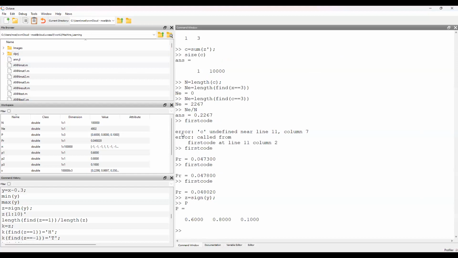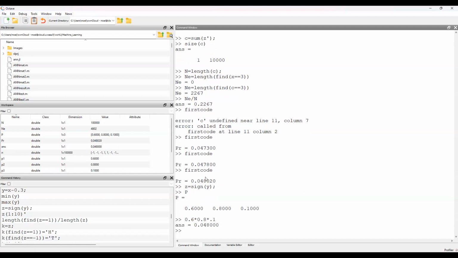If I asked you to calculate the probability that all of them are 1, of course, since they are independent, the probability of A and B equals the probability of A times the probability of B. So it will be 0.6 times 0.8 times 0.1, and the result will be 0.048.